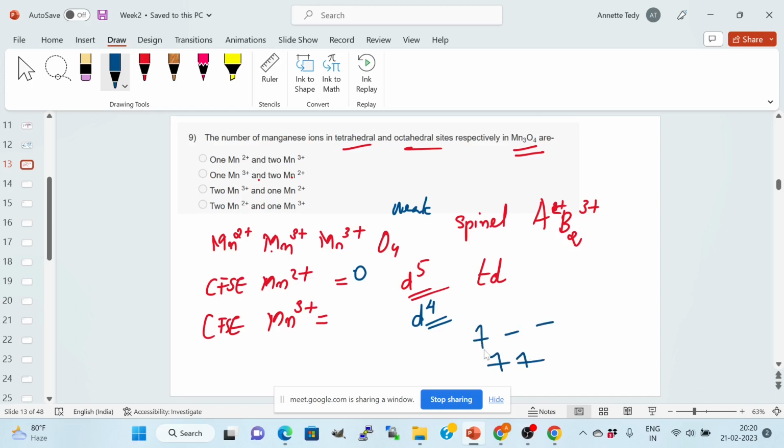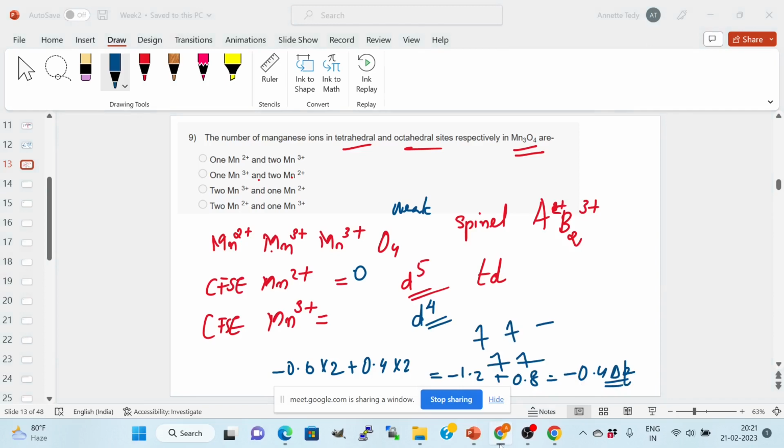1, 2, 3, 4. So CFSE will be minus 0.6 into 2 plus 0.4 into 2. It will be minus 1.2 plus 0.8, so minus 0.4 delta T, not delta O, delta T. Is it clear?